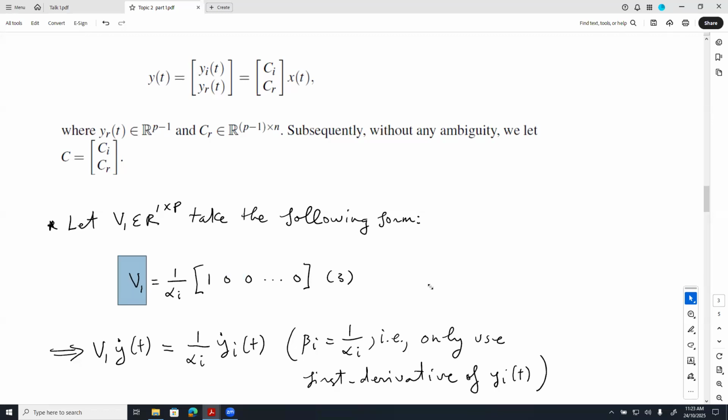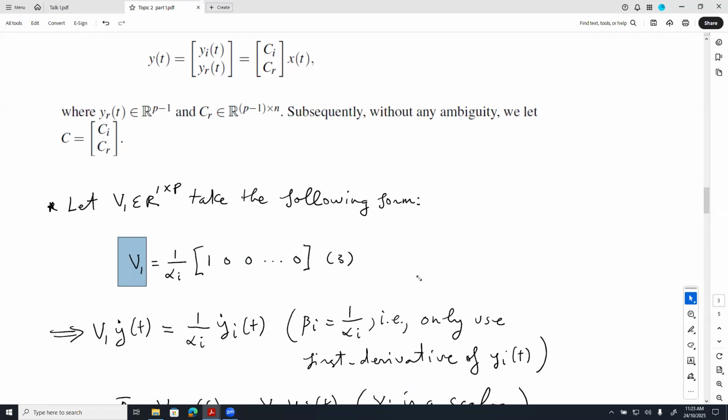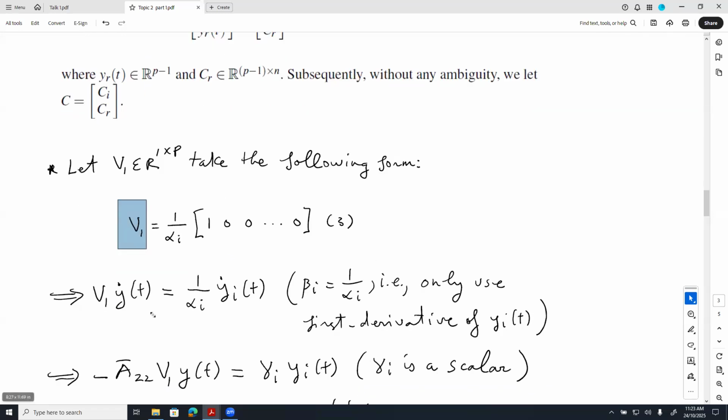Now, the reason why we do that is very clear from the following.